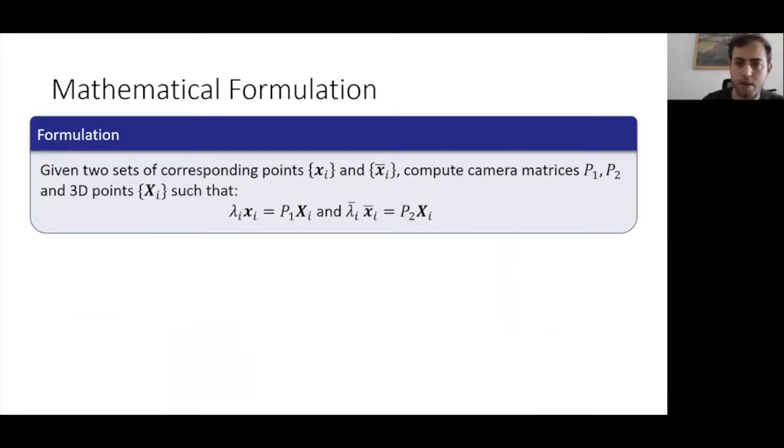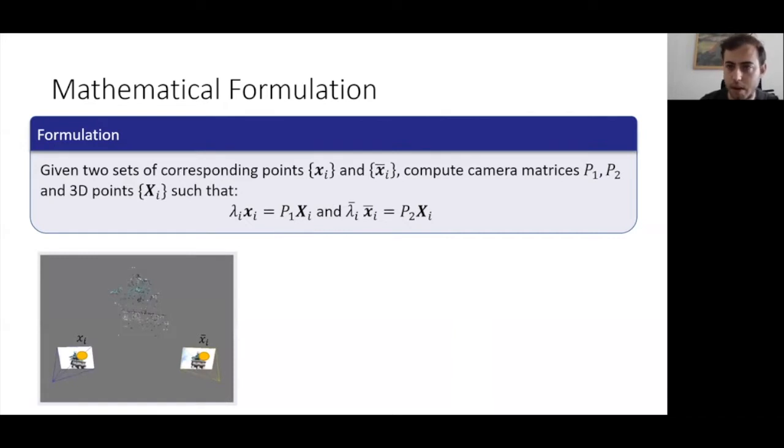And its formal formulation is that given two sets of corresponding points, xi and xi bar, we need to compute the camera matrices P1 and P2 and a set of 3D points such that if we project the 3D points that we estimated using the cameras that we estimated, we get as projections our input 2D points.